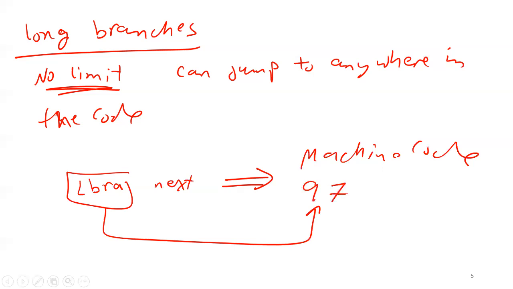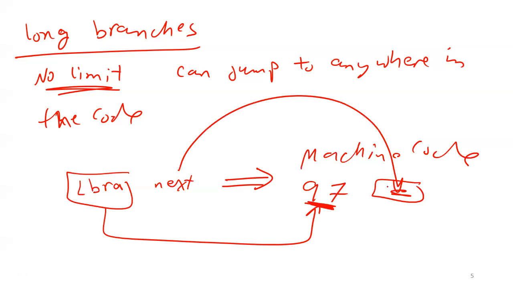But in addition to the code here, we have to put the address of next. So, for example, if this next is at location 2700, so it's going to be 2700. So the target address, where you want to go, should be attached to the instruction. That's why it's going to become long.